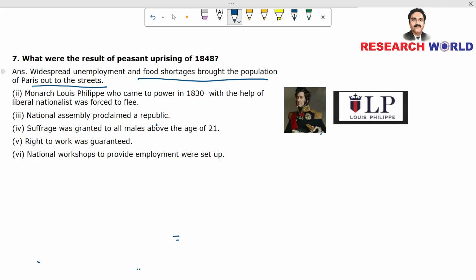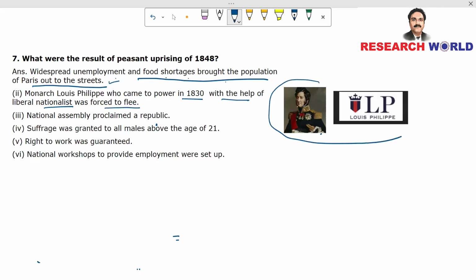So, in continuation with that, widespread unemployment and food shortages brought the population of Paris out to the streets. So in France, people started protesting. They came to the streets. Monarch Louis Philippe, who came to power in 1830 with the help of liberal nationalists, was forced to flee.